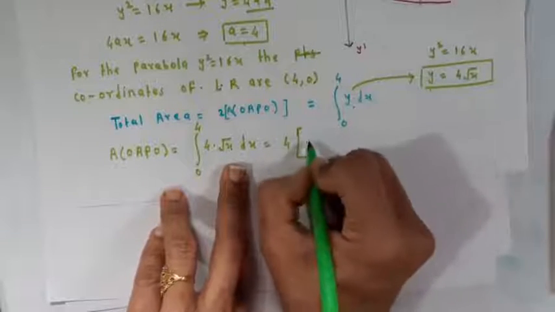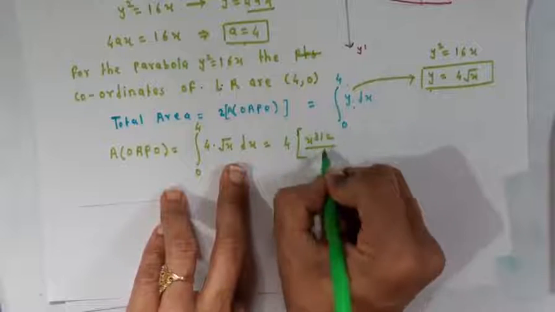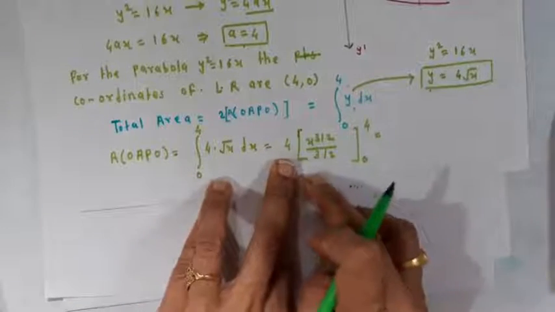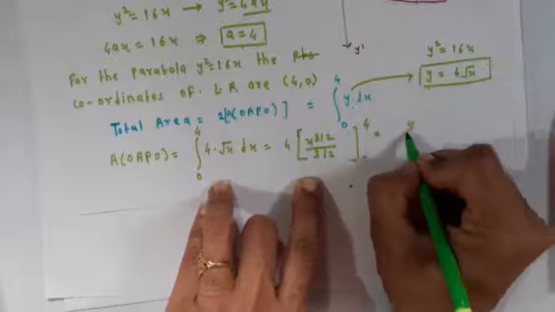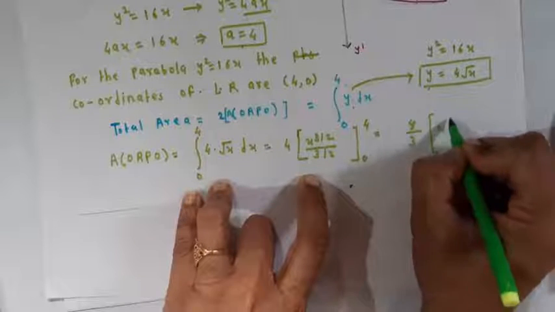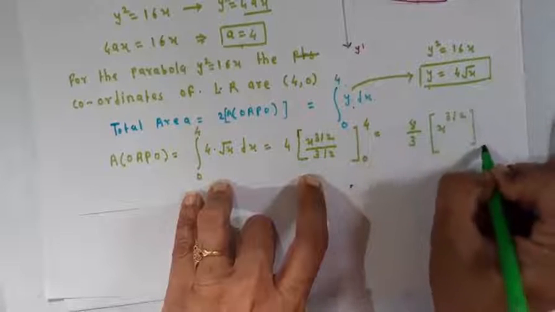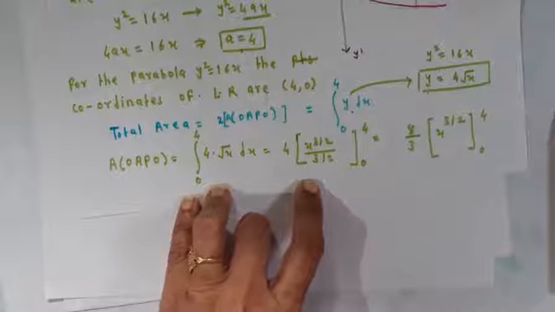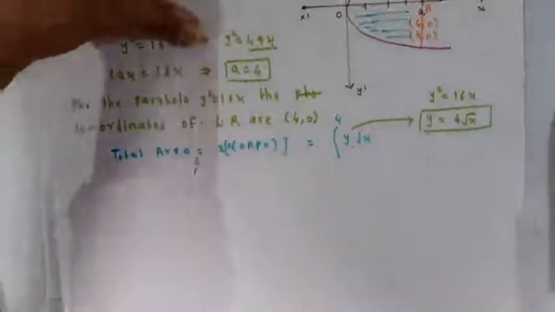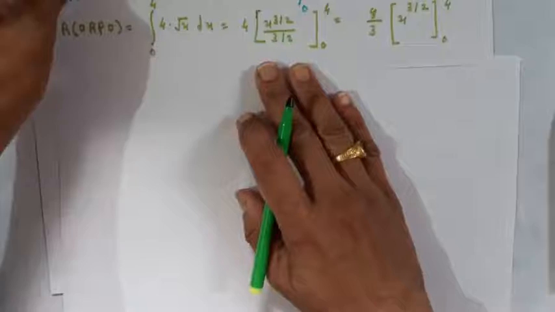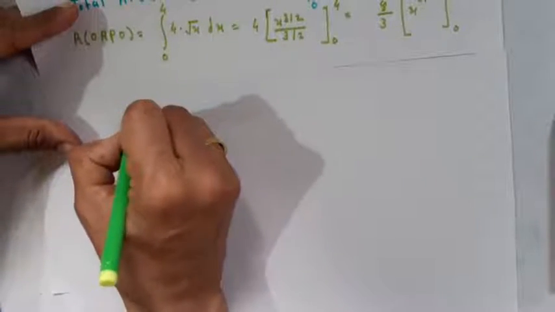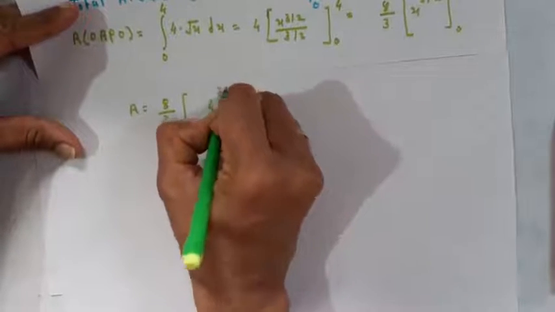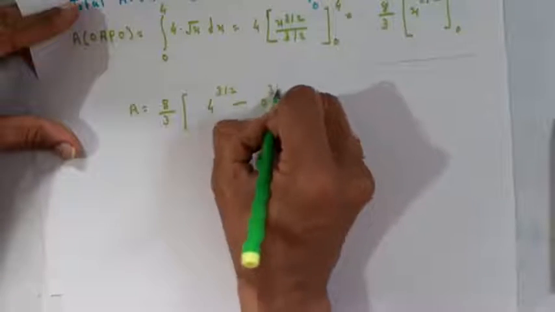By using the x raised to n formula, this is 4 times x raised to 3 by 2 upon 3 by 2, limits 0 to 4. 4 divided by 3 by 2 is 8 by 3, times x raised to 3 by 2, from 0 to 4.